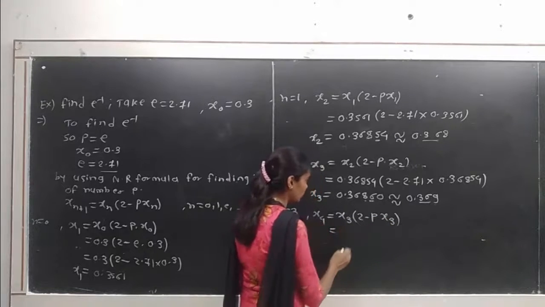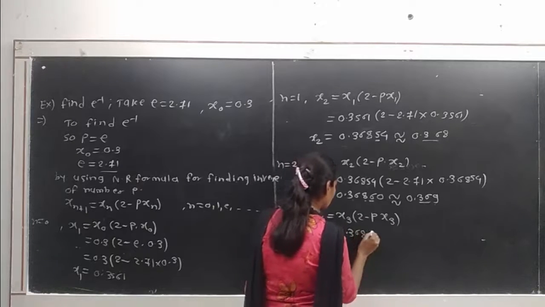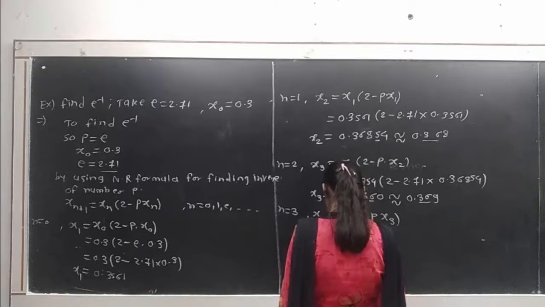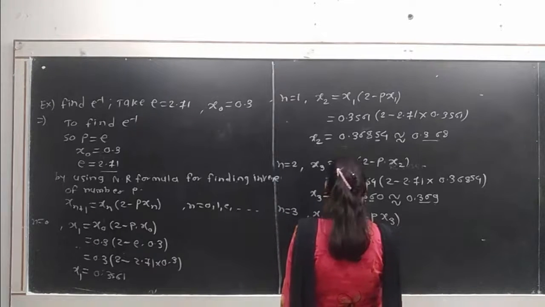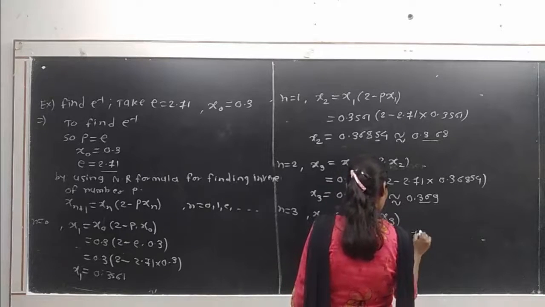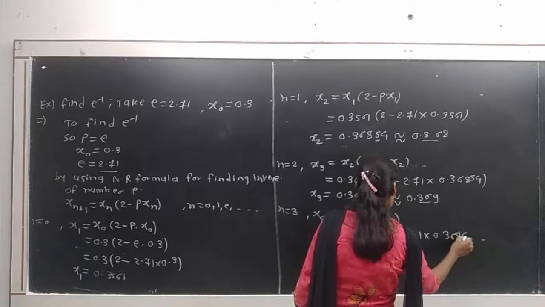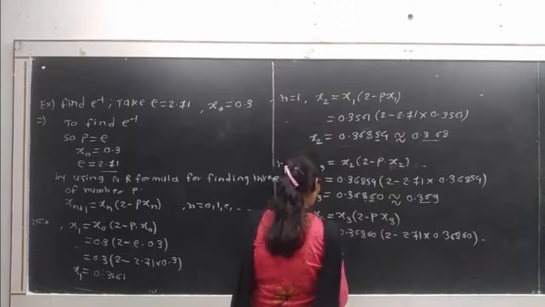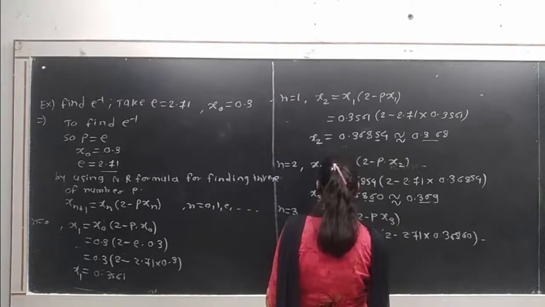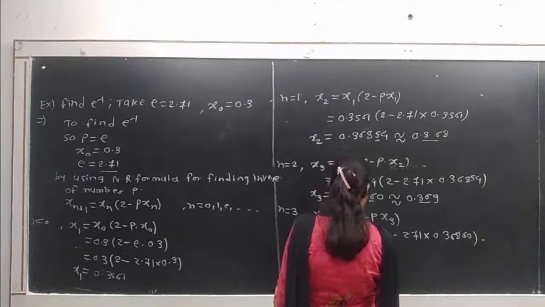Putting x3 here, it will be 0.36860 in bracket 2 minus p, that is e, 2.71 into 0.36860. After this calculation we get x4 is 0.36909.